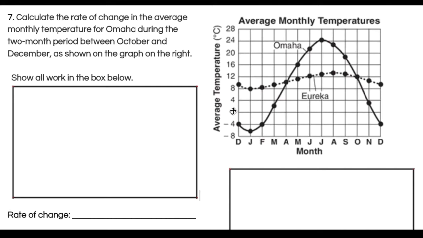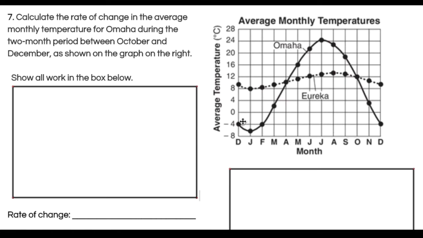From 0, plus 4 is 4, plus 4 is 8, plus 4 is 12. So each square here has a value of 4. Here it just has a value of 1, because from December to January it's just 1 month, and from January to February that's another month. It's just 1 month, and then 1 month, and then 1 month. So that's what we know.